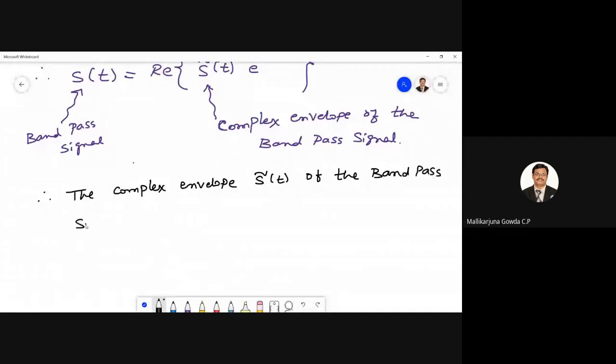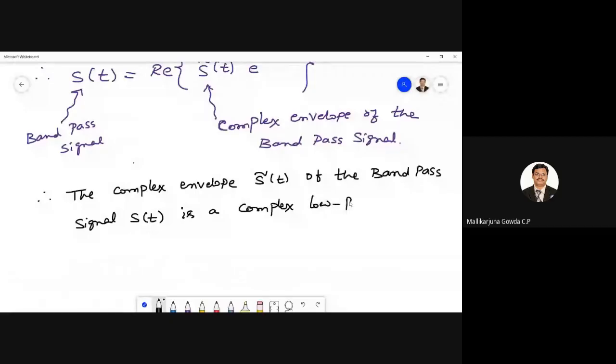Band pass signal is S of t, right? The complex envelope of the band pass signal is a what? Is a complex low pass signal.